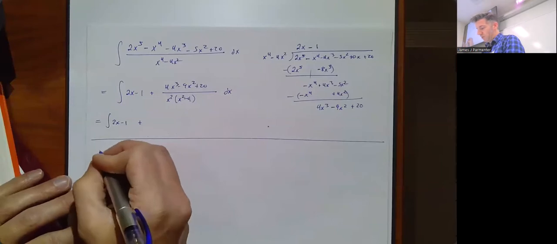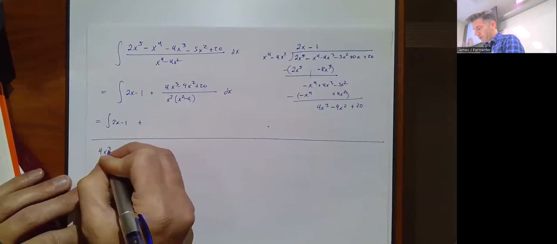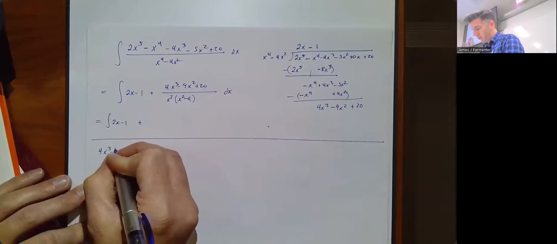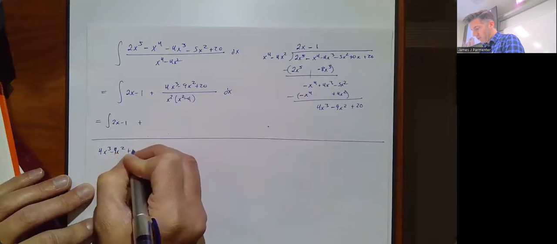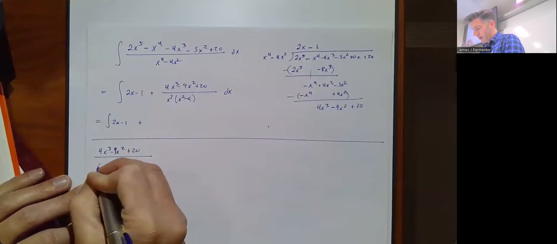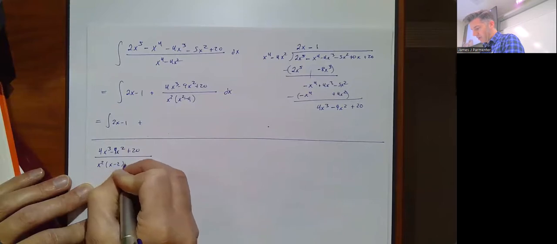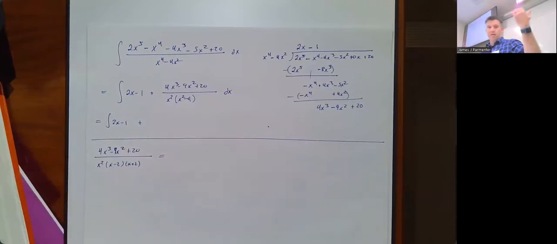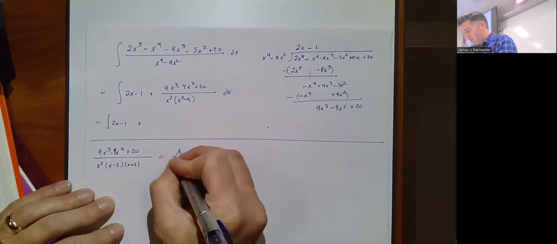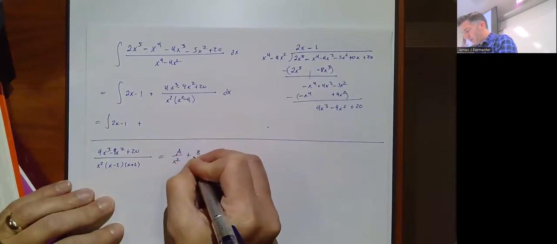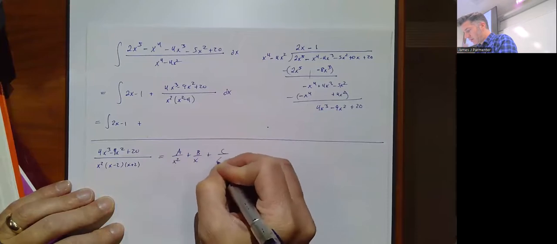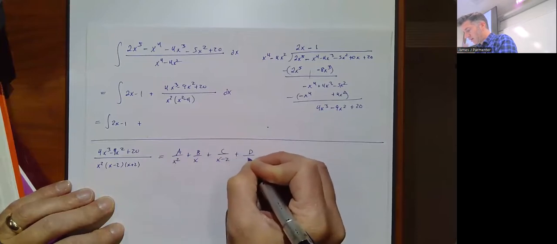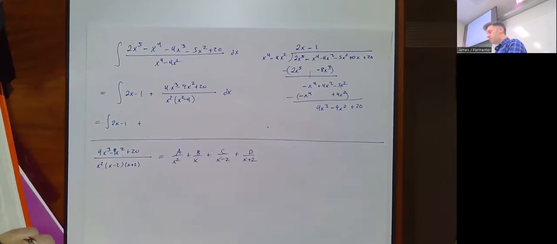So let's do the partial fraction decomposition. 4x cubed minus 9x squared plus 20, all divided by x squared times x minus 2 times x plus 2, equal to, it doesn't matter which way you do it, a over x squared plus b over x plus c over x minus 2 plus d over x plus 2. And then we multiply both sides by this common denominator.